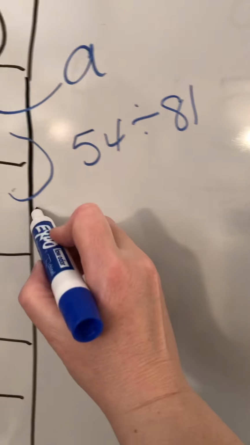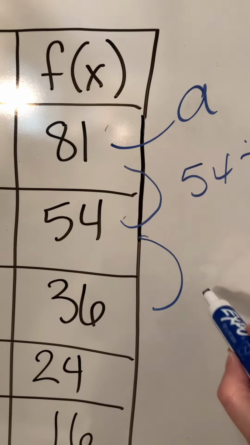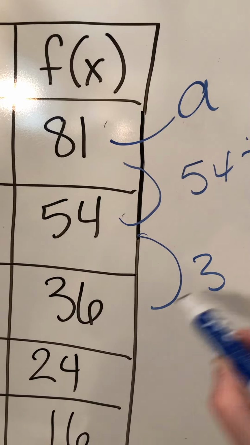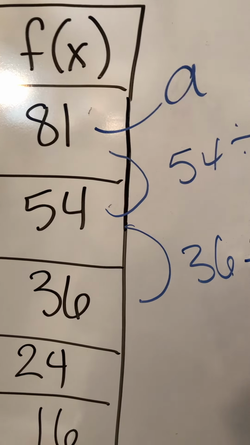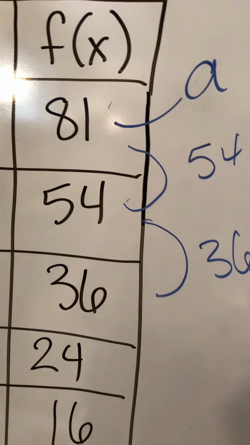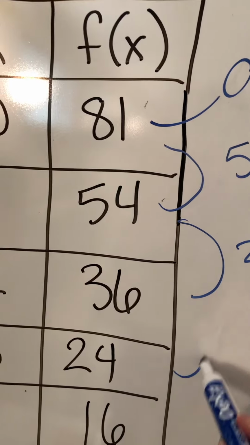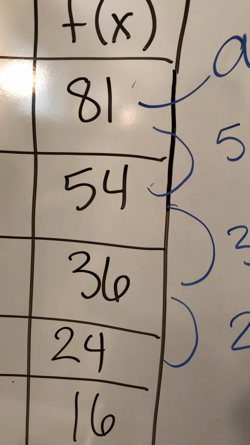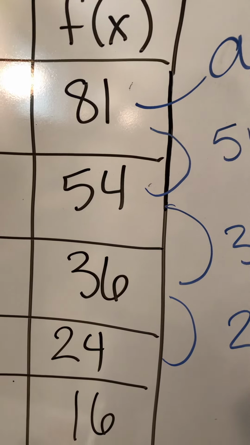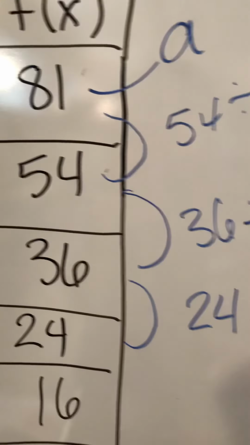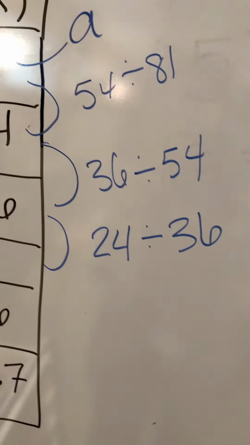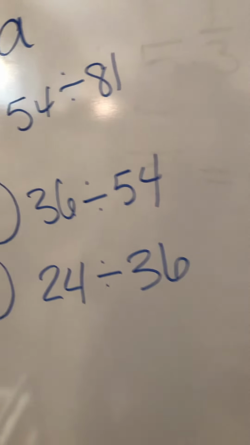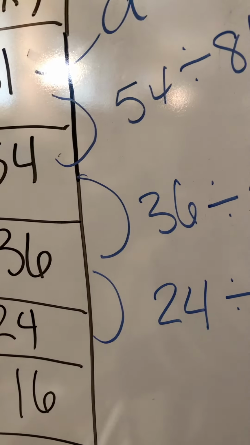Then the next one that you're going to do is 36, because that's the one that's further down the line, divided by 54. And what you may notice is that these are less than one whole. That's why I chose this one, so that you understand that your b is not always a whole number. Sometimes it is a fraction. So I'm going to calculate this, and they should be coming out to the same exact number.